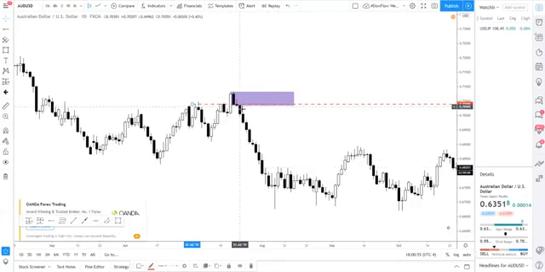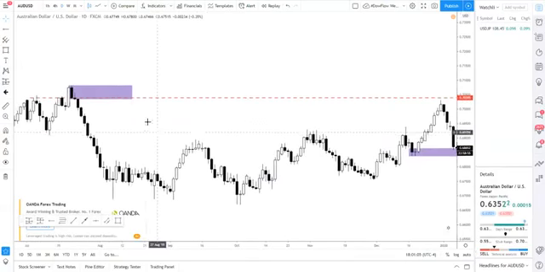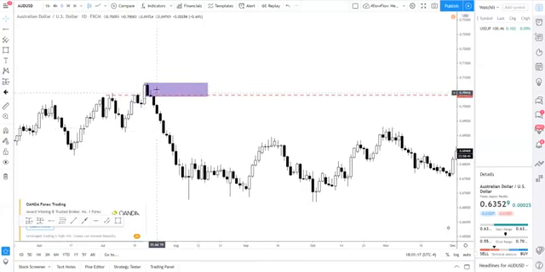You don't see price consolidating up and down over here before it starts selling down. It just sells down immediately. The other thing you also note is that this time there is only one candle here. This is kind of like a piercing pattern, and then it starts selling down. As I said, it doesn't really consolidate, it just sells. So that's a very strong level.